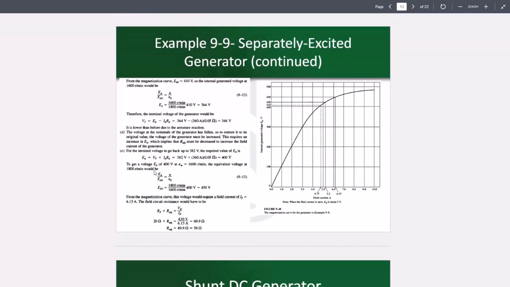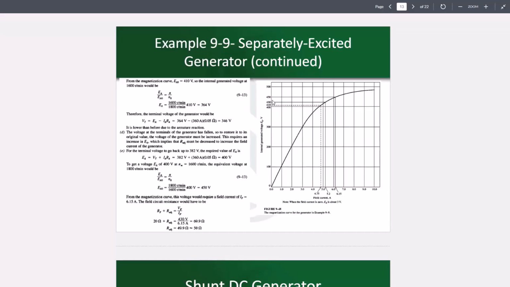That gives us 400 volts. Now, to get that 400 volts at 1600 RPM means that in the equivalent circuit, we should really have 450 volts, because this curve is associated with 1800 RPM.